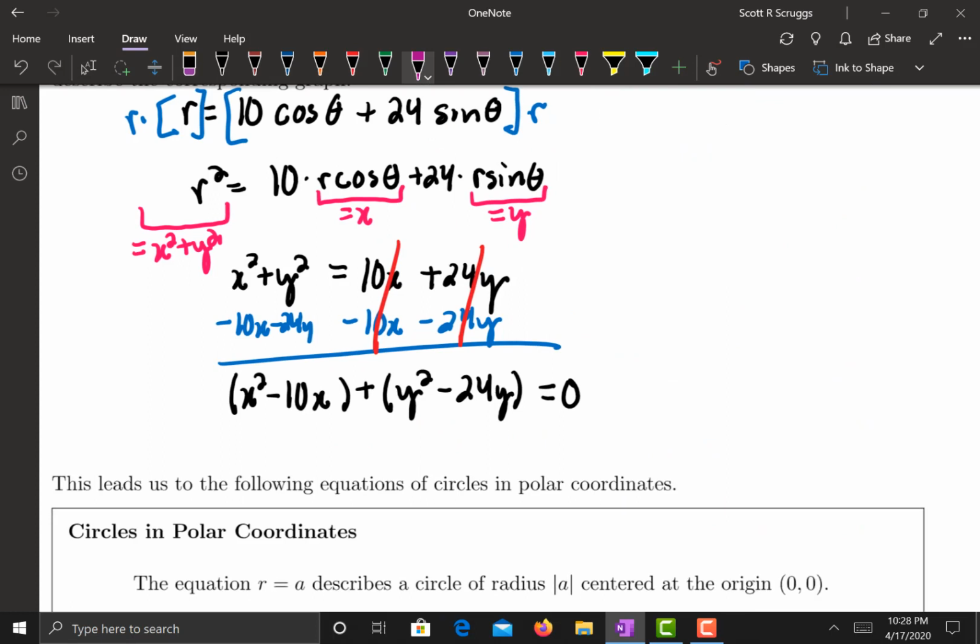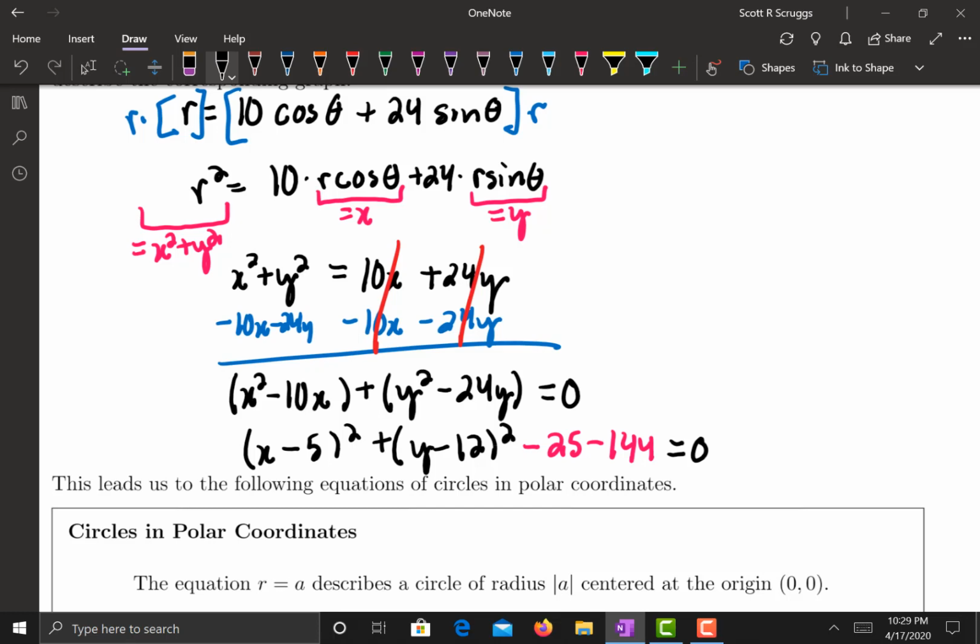So let's go ahead and substitute that back into our work. So I now have x minus 5 squared plus y minus 12 squared. And what I'm going to do now is group those two leftover numbers on the end.